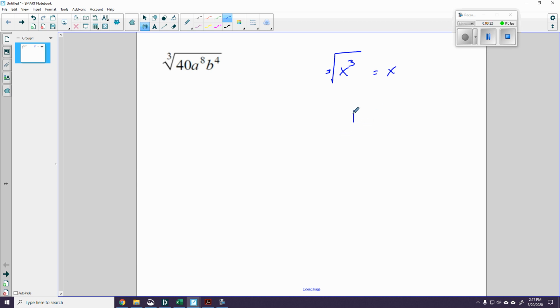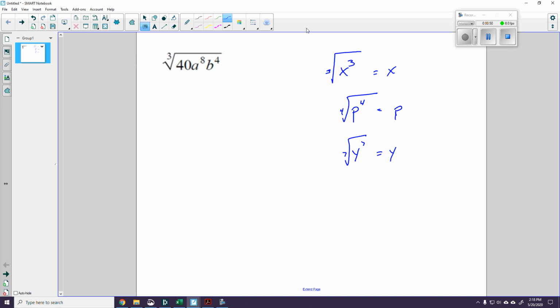Or if I had p to the fourth and I took the fourth root of that, I would have just p. Or if I had y to the seventh and I took the seventh root of that, I would have just y. So simplifying a radical means getting everything out of the radical sign that I possibly can.